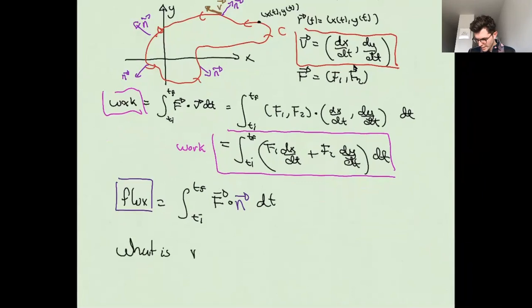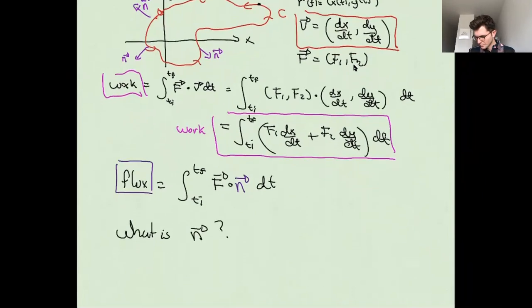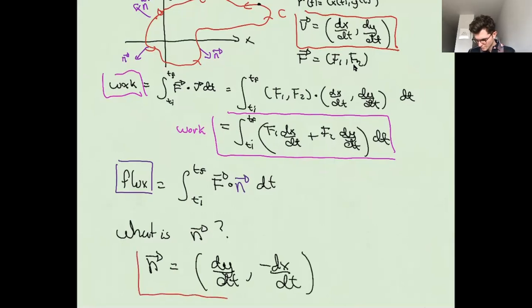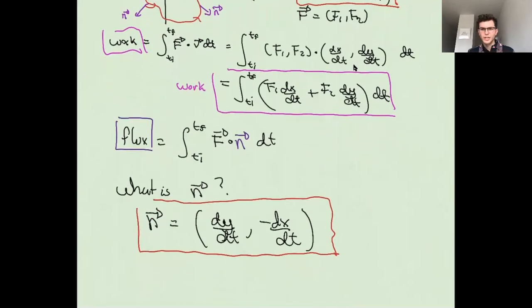What is n? Well, again, I'll say this with more details on Monday. N is basically dy dt, comma, minus dx dt. And again, we'll check on Monday that this is actually a normal vector.